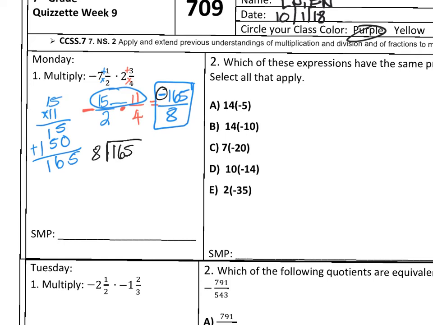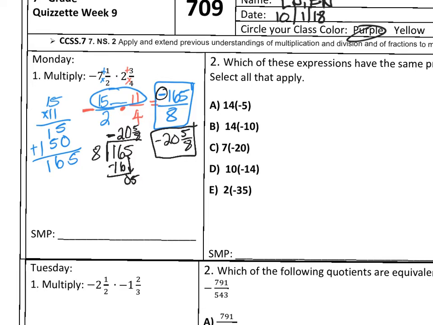Now it's negative, and it's going to stay negative. 8 goes into 16 2 times. Does 8 go into 5? No, it does not. So now I have 5 left over, so that'd be 5/8. So negative 20 and 5/8.